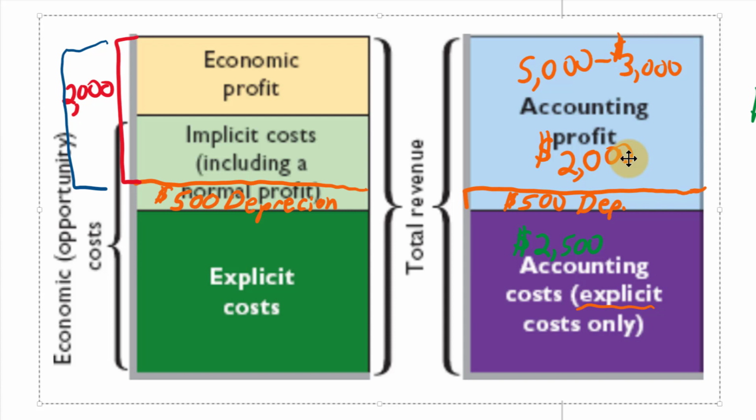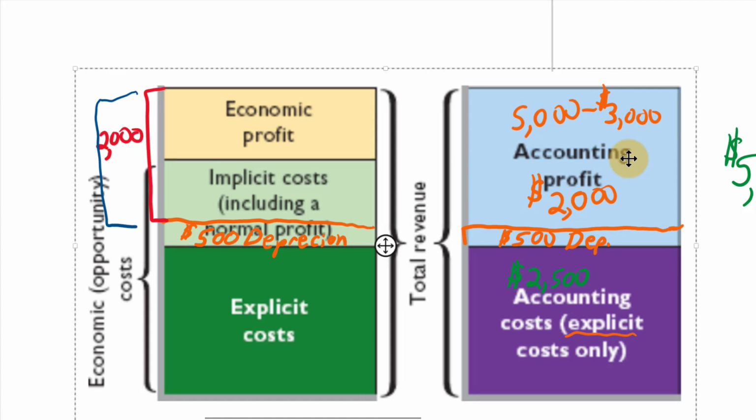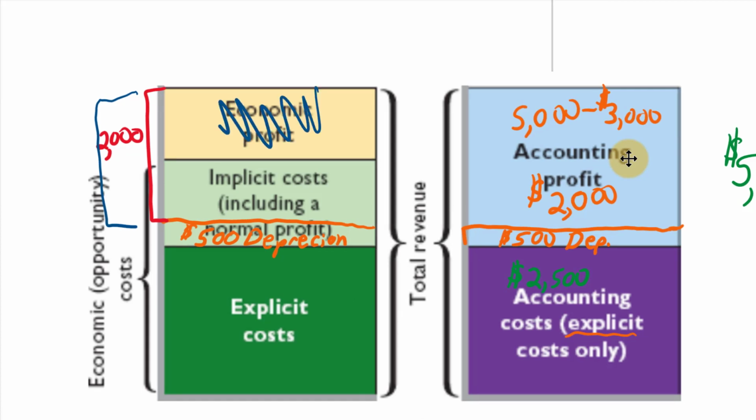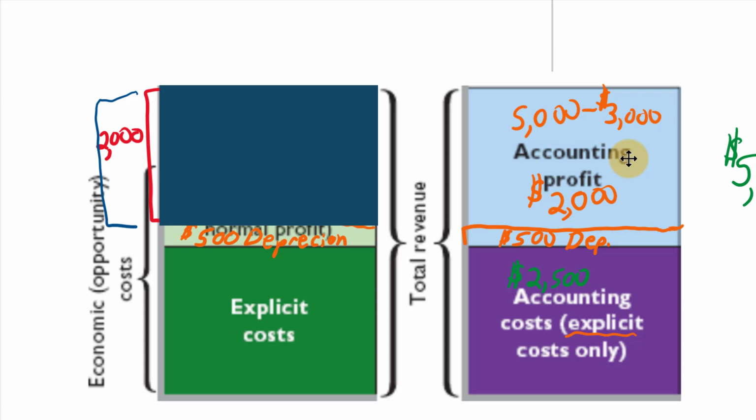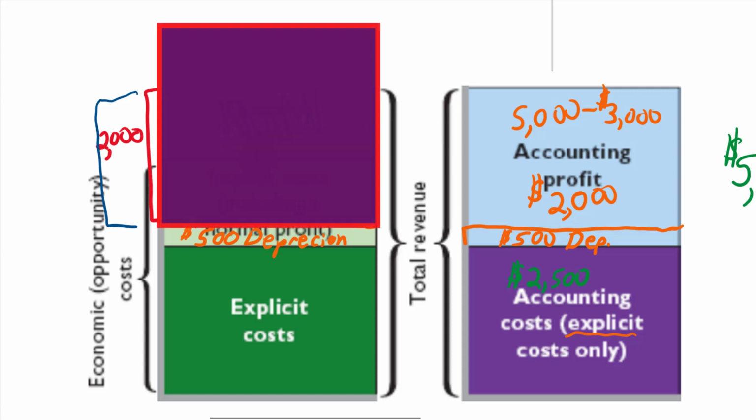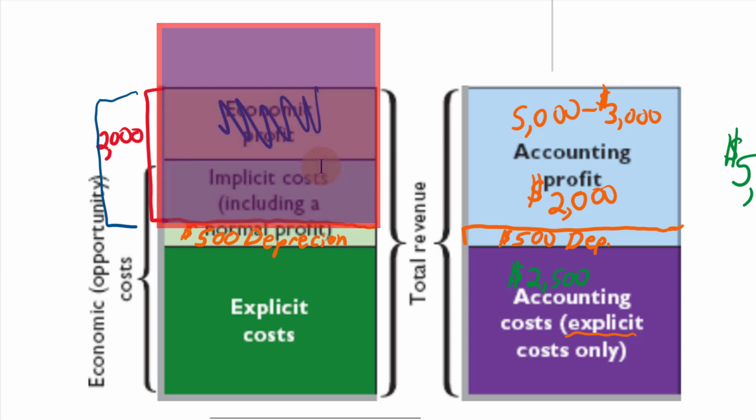And so these implicit costs could be so big that they're bigger than the accounting profit. So what we're doing is taking the accounting profit and comparing how much you're making, according to your accountant, $2,000, to how much you could make otherwise if you used all your resources somewhere else. And it could be that those implicit costs are $3,000.